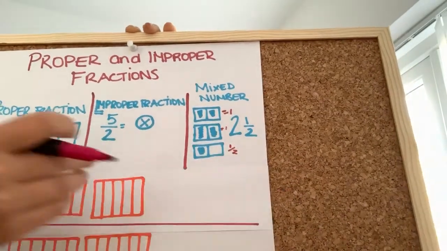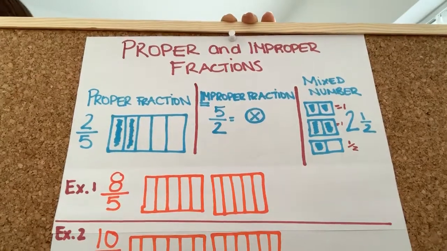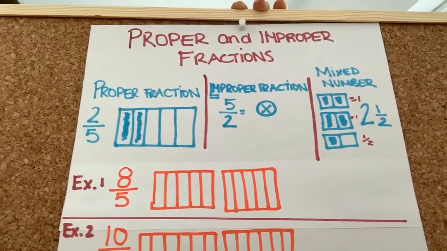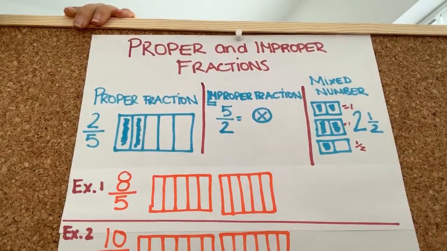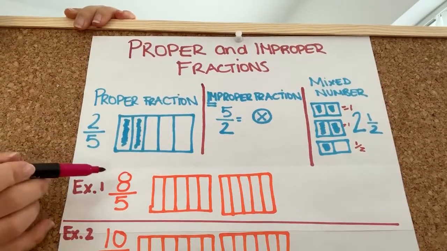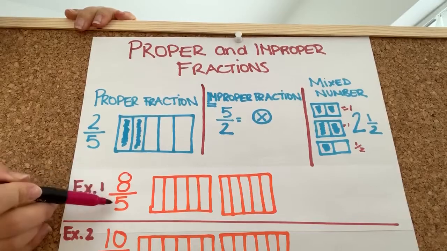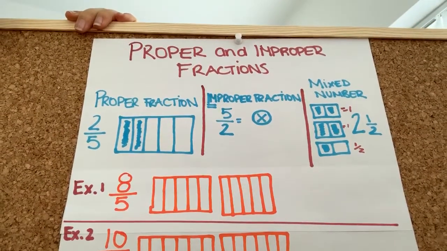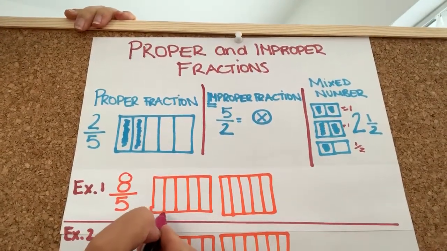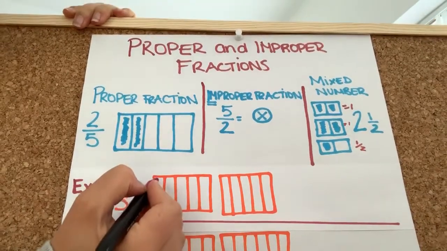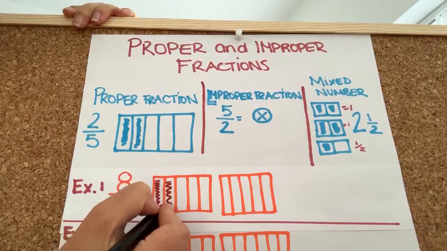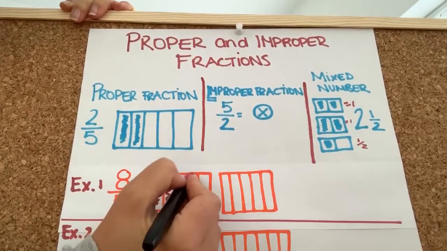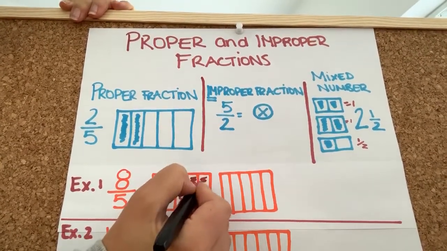All right, let's try with some examples. So example 1, we have 8 over 5. We know this is an improper fraction because the numerator at the top is bigger than the denominator. So we have our boxes of 5, and we're going to see how many times we can put 8. 4, 5.